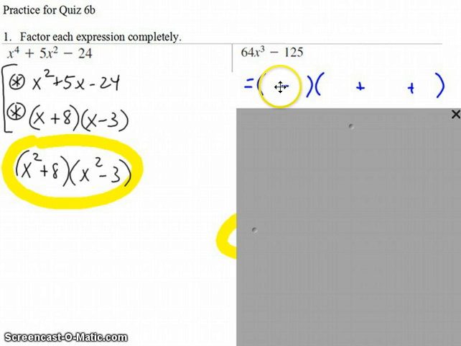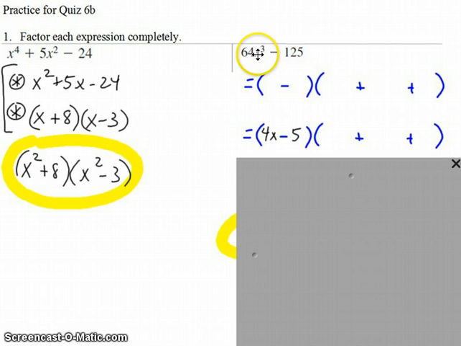Remember that the binomial sign is going to be minus sign. The operation in the binomial is going to be minus if this was minus. And these are both going to be plus. And in here and here, what I'm going to put is the cube root of this thing, which is 4x. And here I'm going to put the cube root of that thing, which is 5.